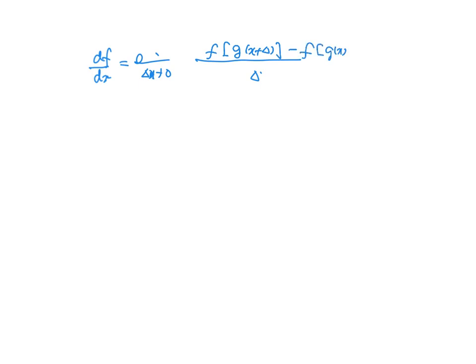So df/dx is the limit as delta x goes to 0 of delta f over delta x, which is f of g(x plus delta x) minus f of g(x).